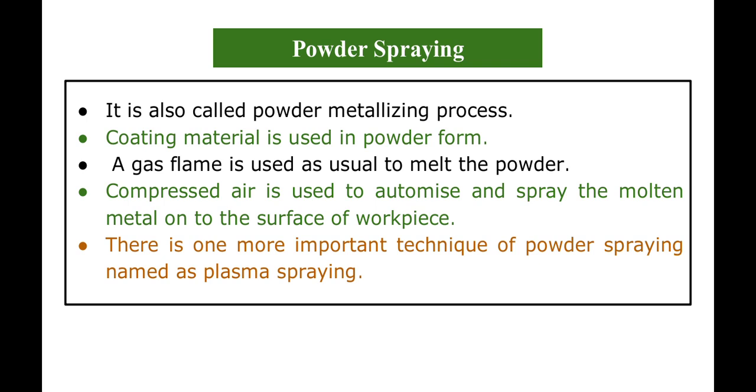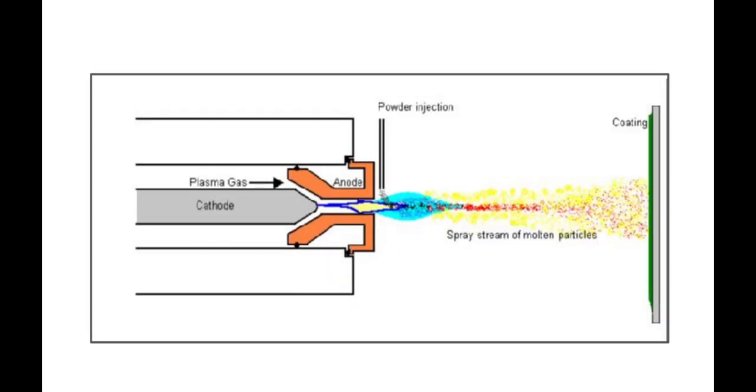And there is one more important technique of powder spraying named plasma spray. In this case, as I have shown here, a plasma gun is used. The plasma gun is made of copper carrying a non-consumable tungsten electrode, and the gun body is made of a double wall, with water circulated between the walls for cooling.